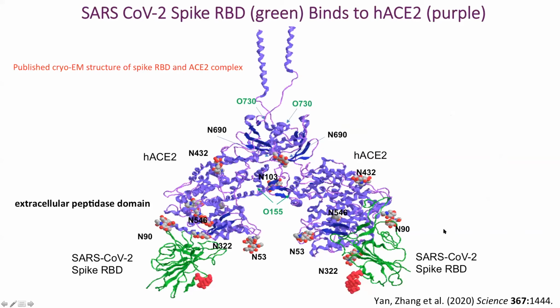So this is a published CryoEM structure of spike RBD and the ACE2 complex. Here in the CryoEM structure, I've just added the glycosylation sites for the ACE2.